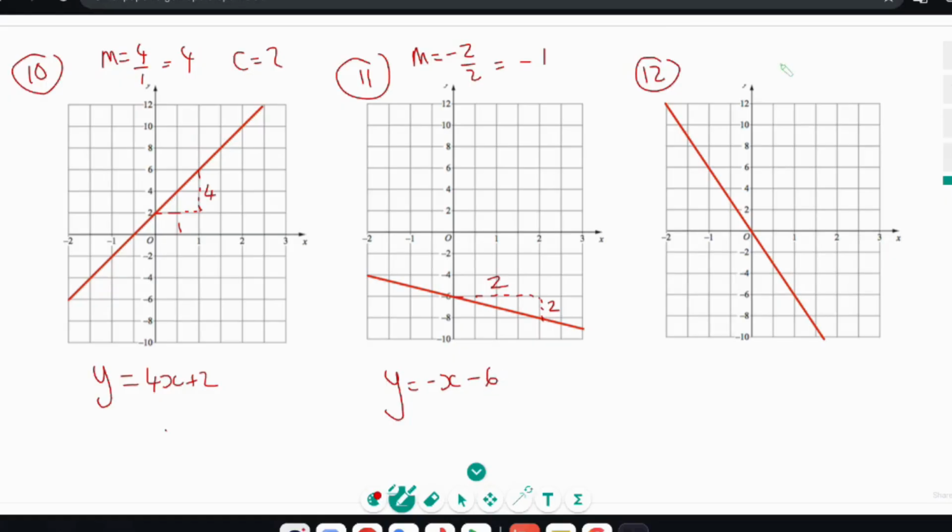And your last question here. Your gradient is -6 over 1, which is -6. Your y-intercept is 0, so y equals -6x.